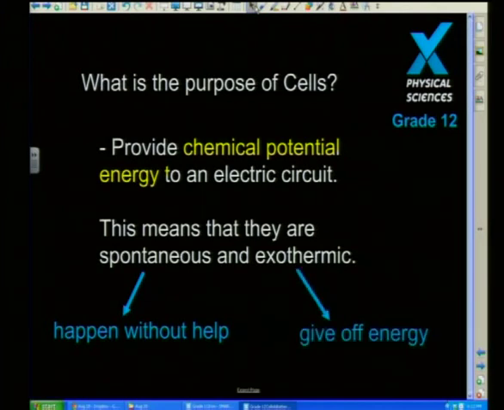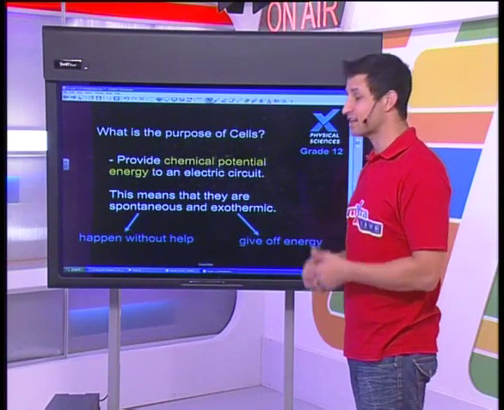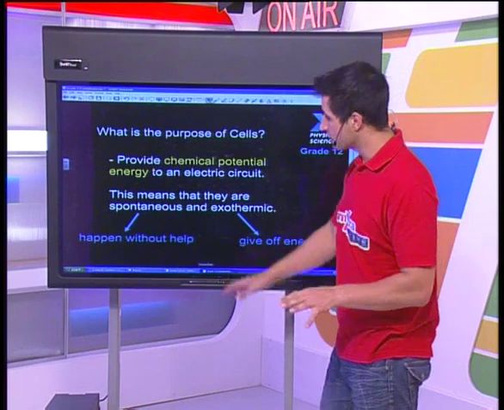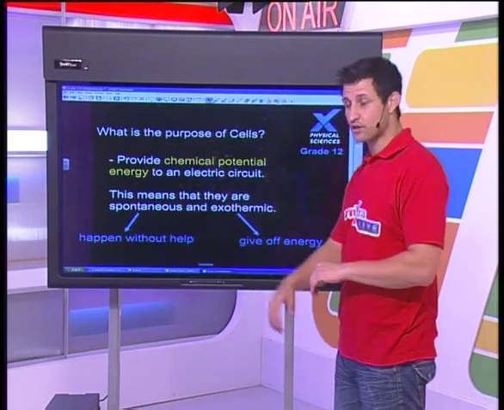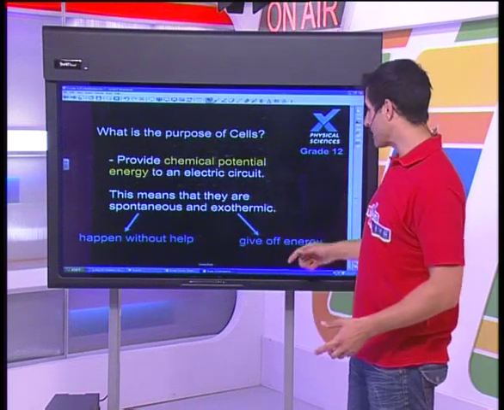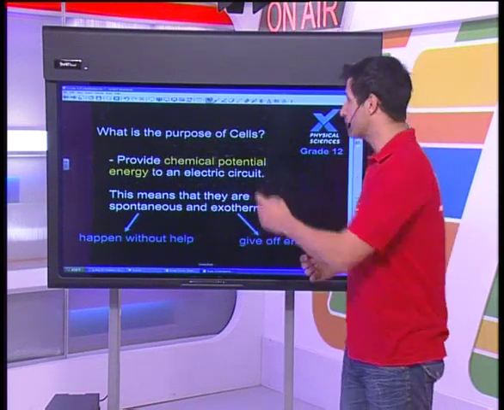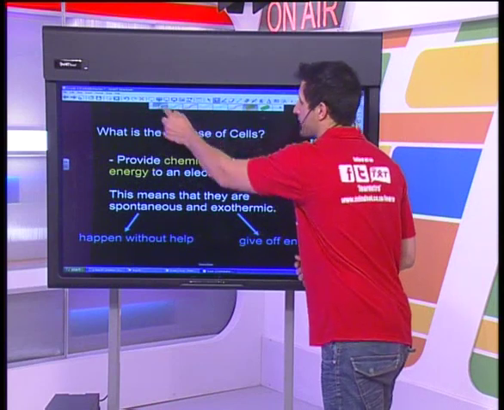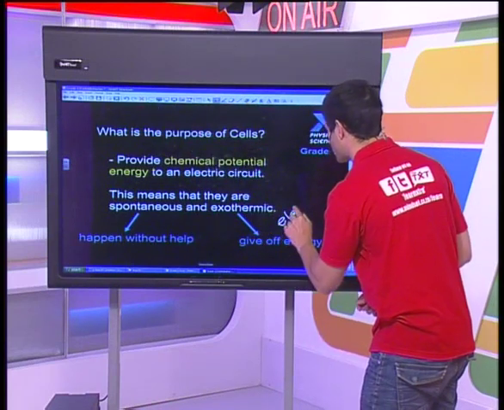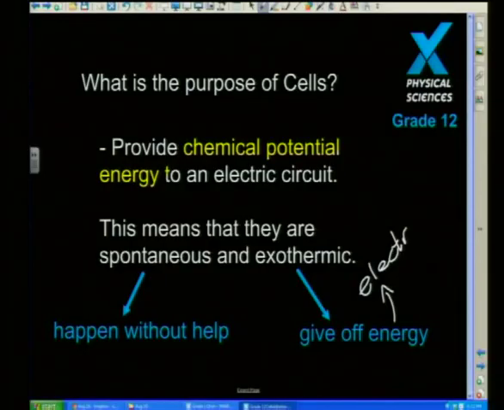Two very important things about a cell which I need to know are that it gives off its energy and it starts without me helping it. So spontaneous means that it's going to start without any help, and exothermic means that it gives off energy. That's the energy which I need. I just want to make sure that people understand that this energy is electrical energy. It's not heat. Now, if your battery is making heat, it's probably not doing its job properly.